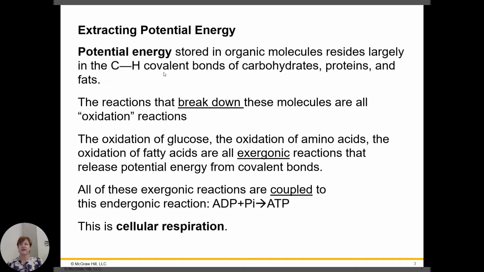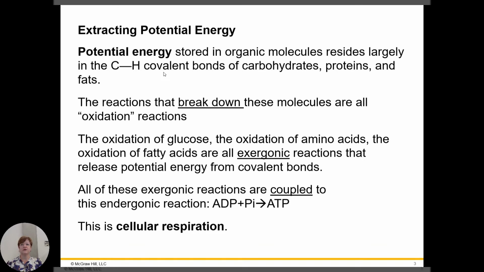So often cellular respiration is referred to as the oxidation of organic compounds, or even more specifically, the oxidation of glucose, because glucose is the quintessential organic compound that's always used as the main example, although we'll see how other compounds can also be oxidized. But the oxidation of glucose, the oxidation of amino acids, and the oxidation of fatty acids, this breakdown of these covalent bonds releases that bond energy. And so those are exergonic reactions, and they release that energy from the covalent bonds.